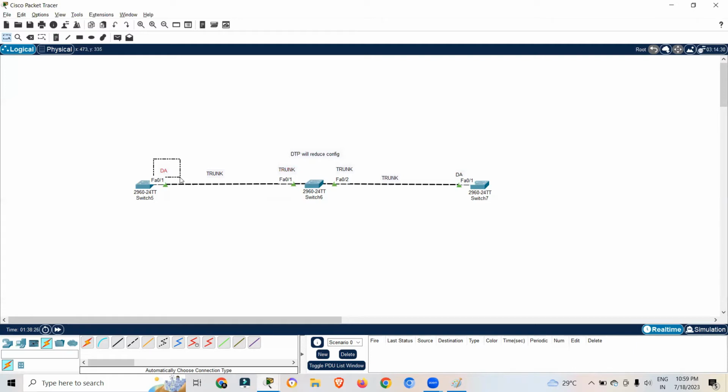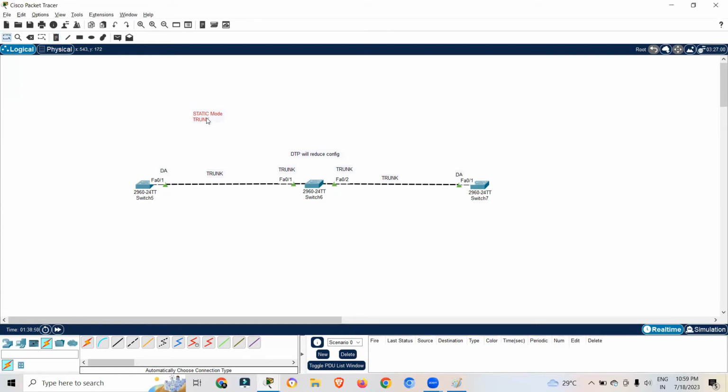If there is dynamic auto or dynamic desirable on the other side, these are only the administrative modes. We have two operational modes. If there is access mode, nothing will work. And if there is trunk mode, all the VLANs can forward the data.